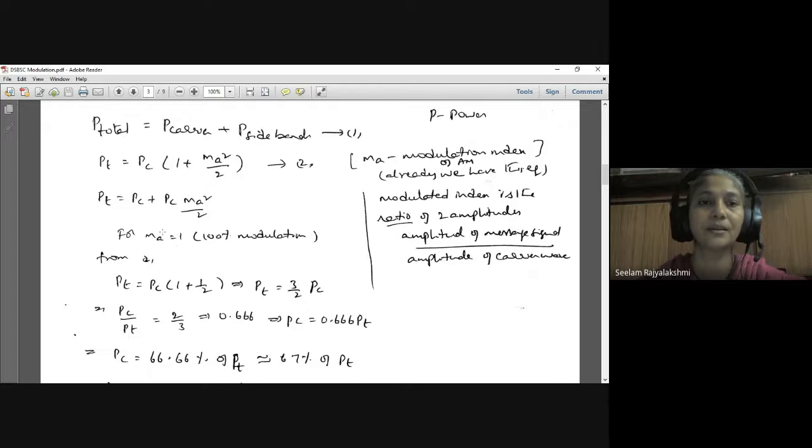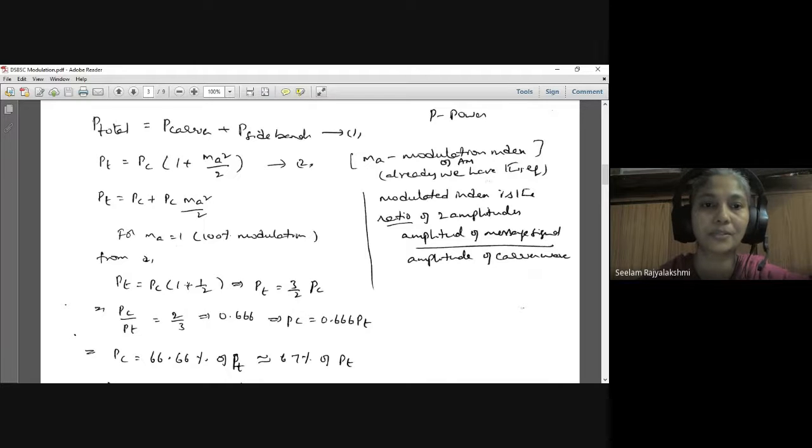For modulation index m a equals 1, that means 100% modulation. If we substitute m a equals 1, the equation becomes Pt equals Pc into (1 plus 1 by 2).